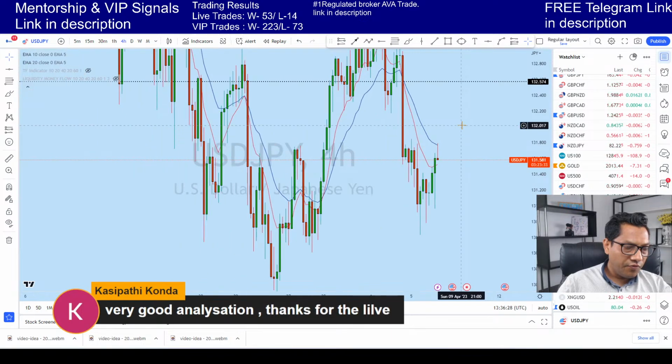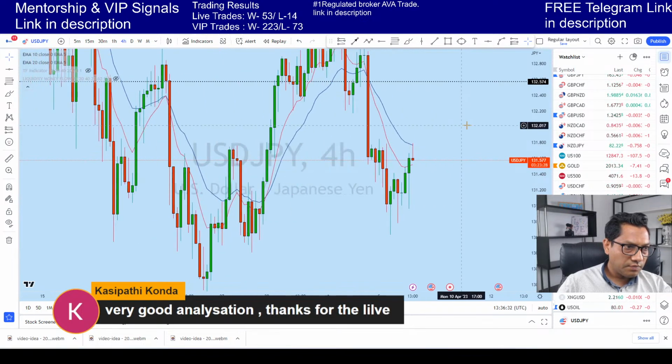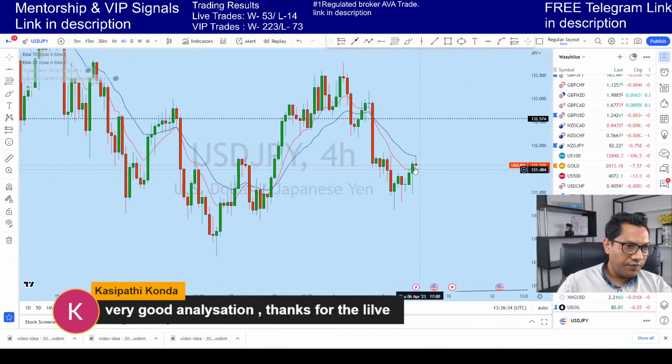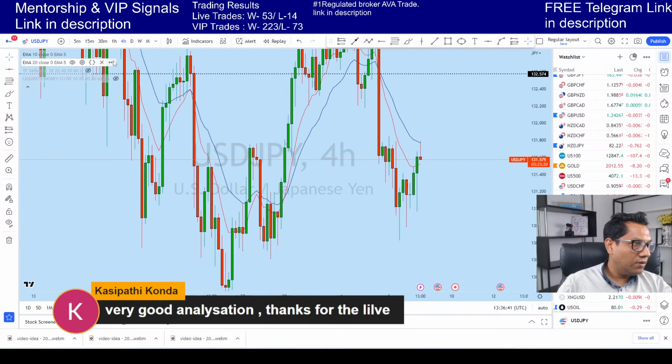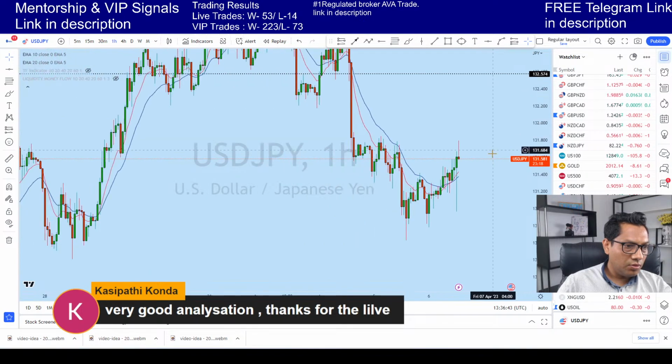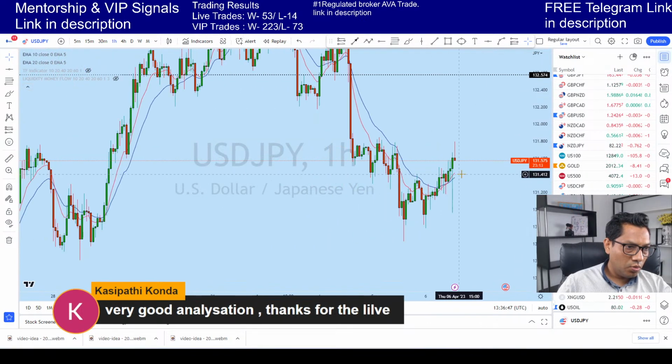For me, if this one is dropping from this level, we saw primary rejection. You can see there's a big long-wick candle on the 1 hour.